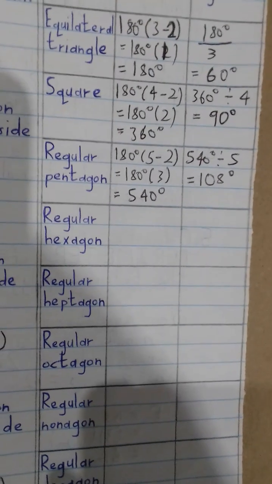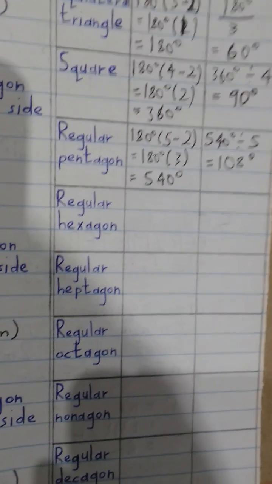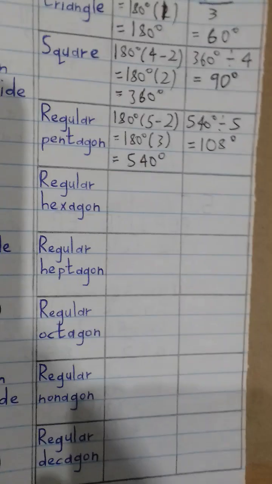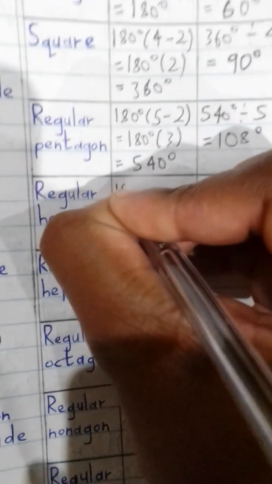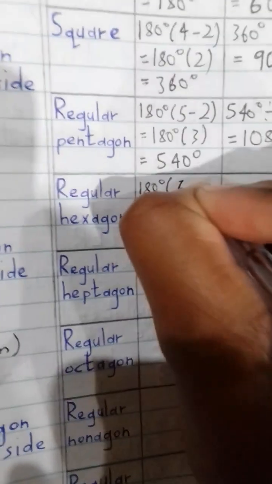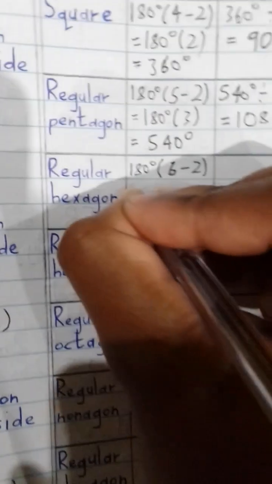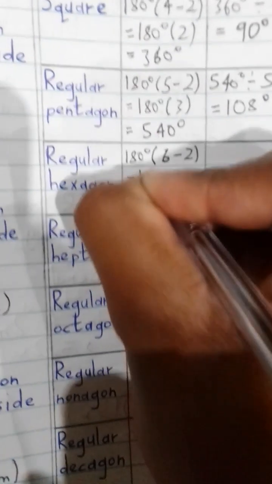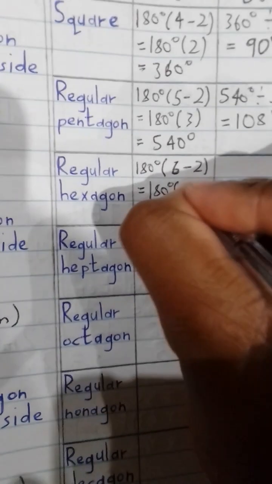Okay, for a regular hexagon, the sum of the interior angles is 180 degrees times 6 minus 2. 6 minus 2 is 4.